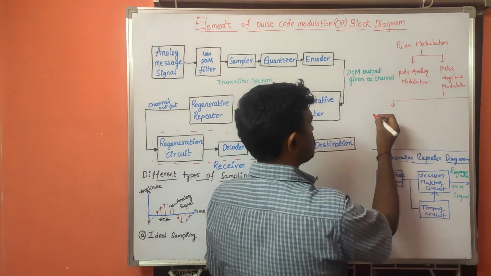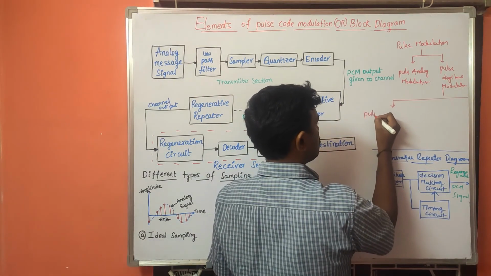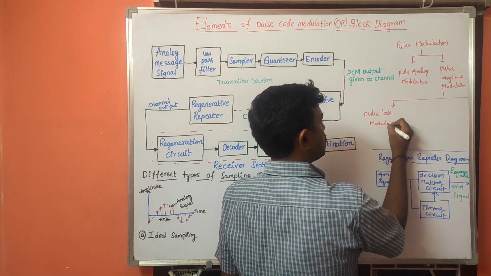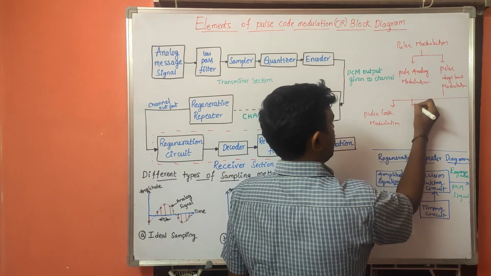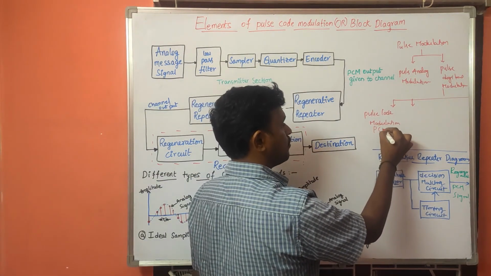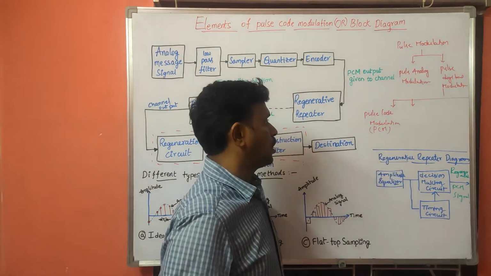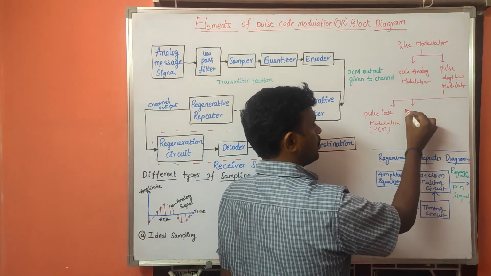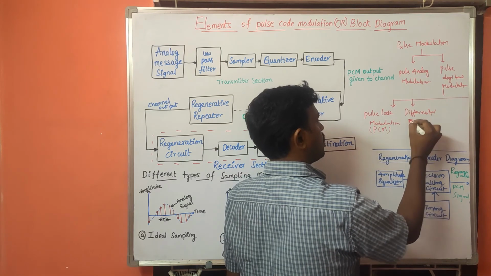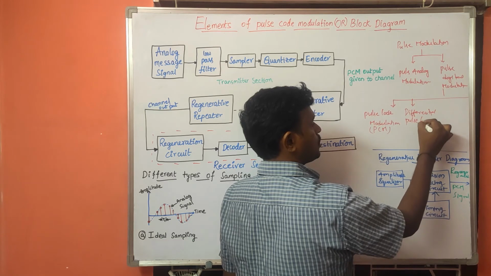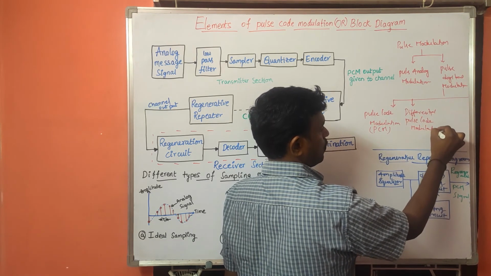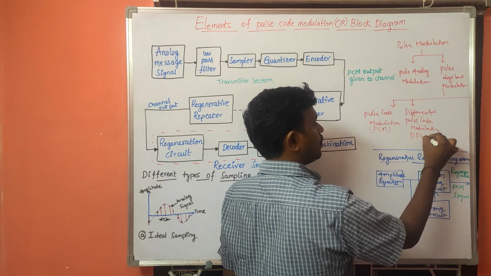The first one is pulse code modulation, called PCM. Next we have DPCM, that is differential pulse code modulation.